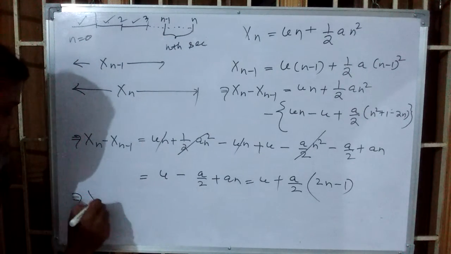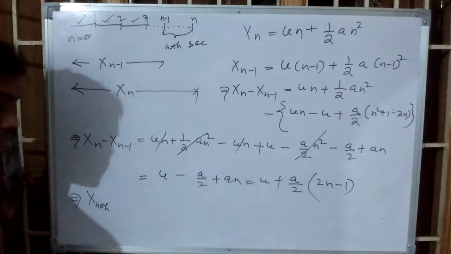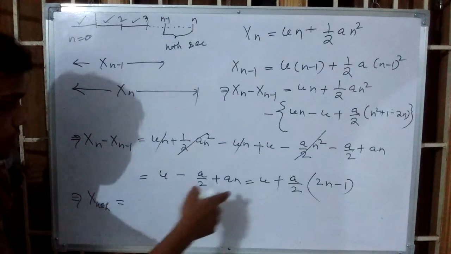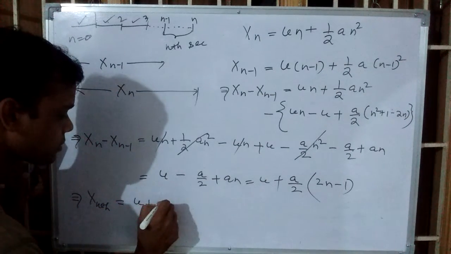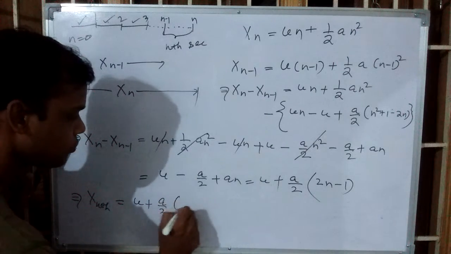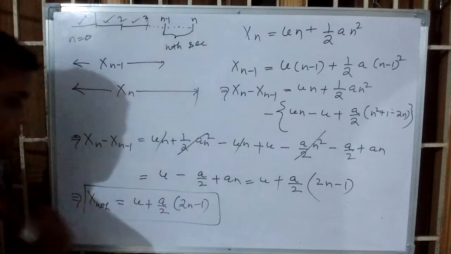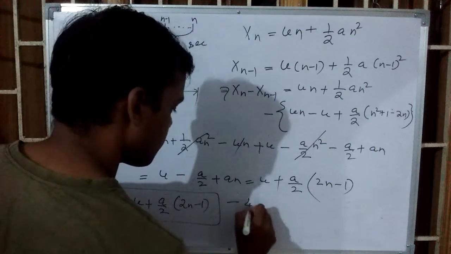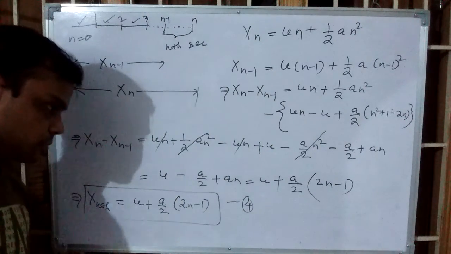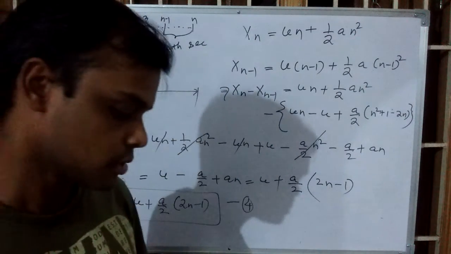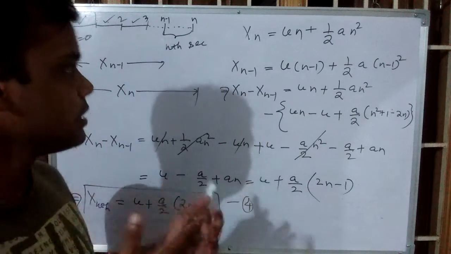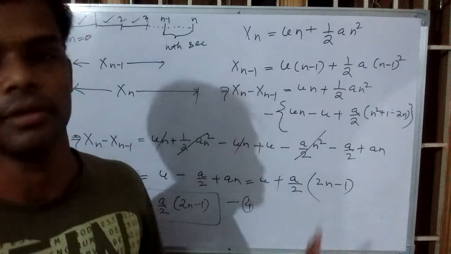So I will write it as x nth is equal to u plus a by 2 times (2n minus 1). This is equation number 4. So these are the equations of kinematics. You will only be using these equations in this chapter, nothing else.